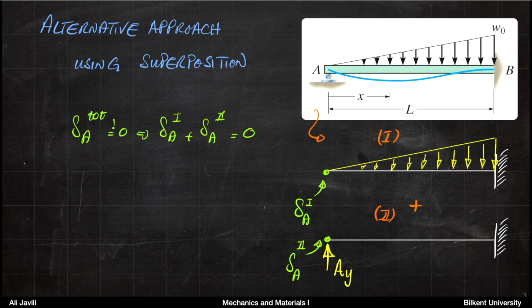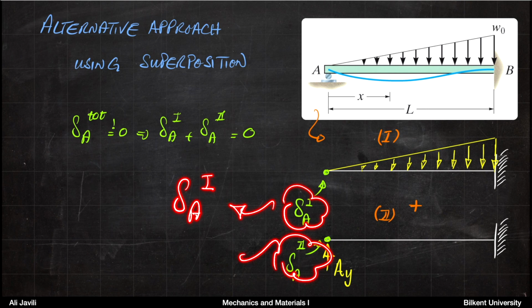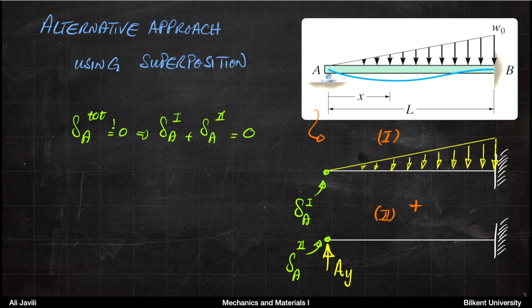For system 2, you just include the support reaction. So for the first system, you would get a deflection at point A. And for the second system, you also get a deflection at point A. But then you know that the total deflection at point A is 0. And that would be your compatibility equation.